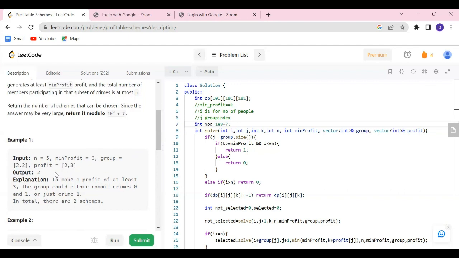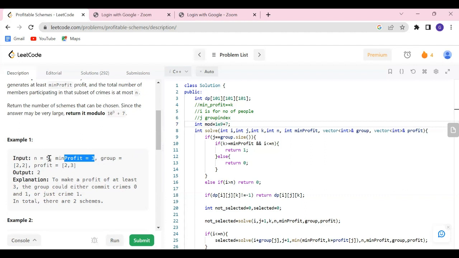So there are two possibilities. We have to return the number of possibilities where the subarrays of this group can make the minimum profit of 3 or maybe greater than 3.